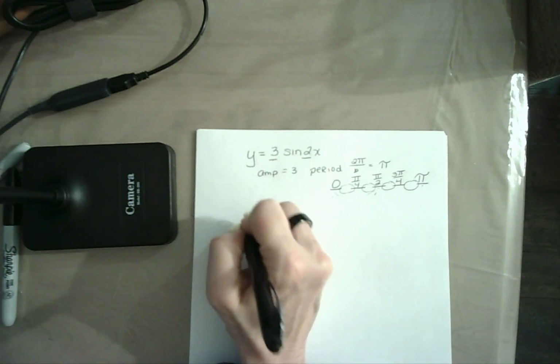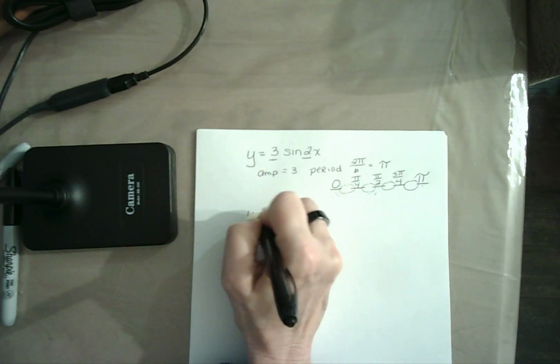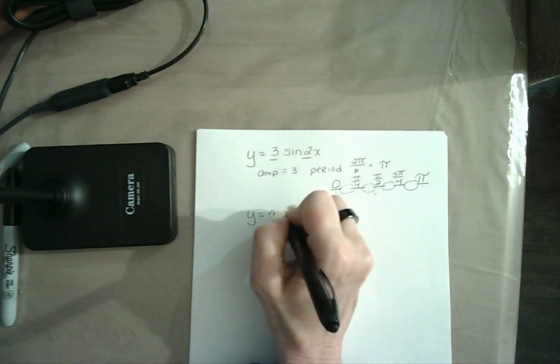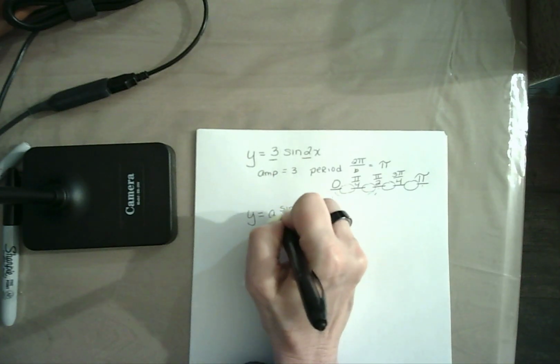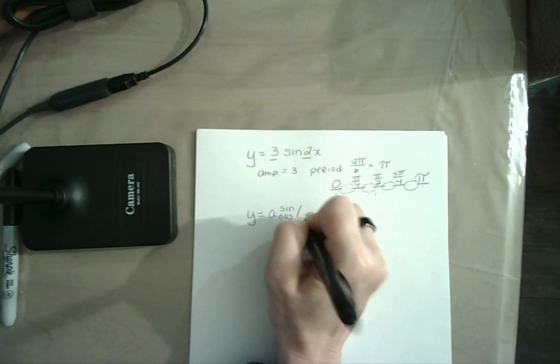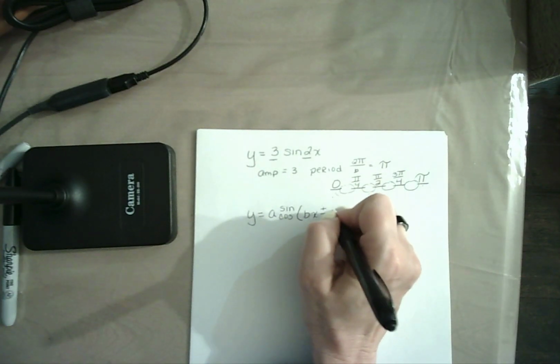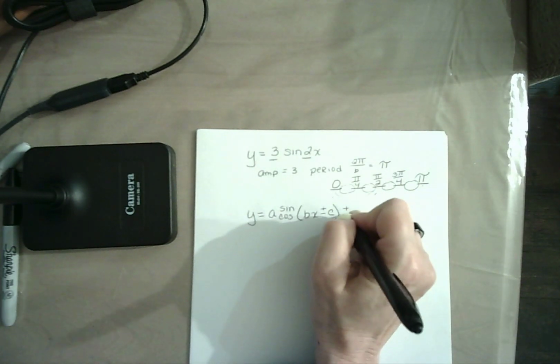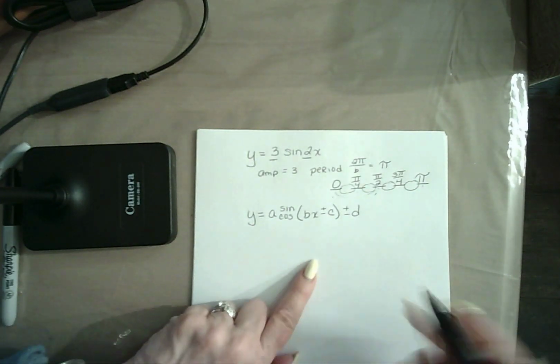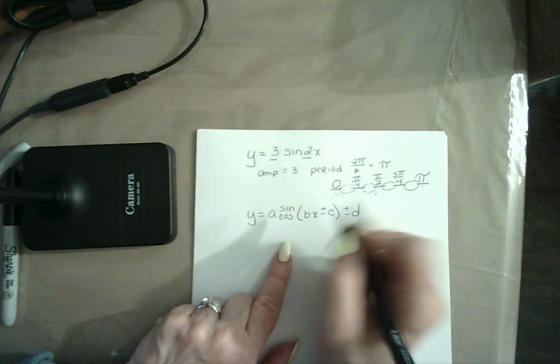New would be something like this: y equals A, whether it's sine or cosine, of bx plus or minus c, plus or minus d. So we're going to have two kinds of movements here.